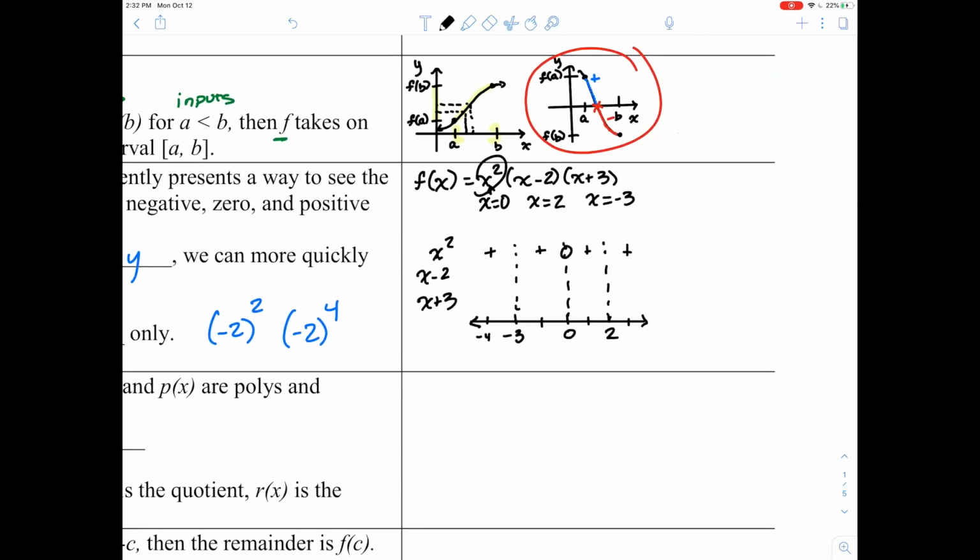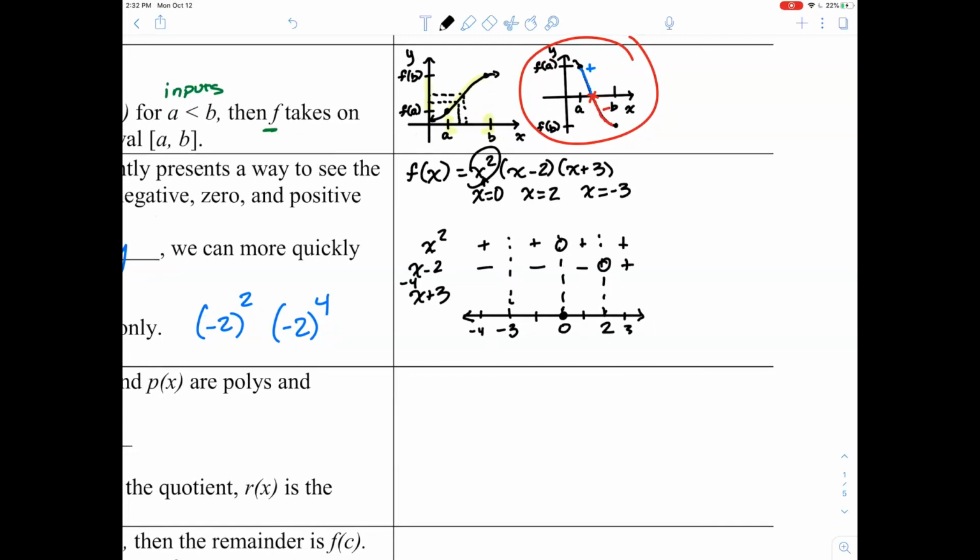Okay, so x squared is always going to produce either a 0 or positives. Now x minus 2, 2 minus 2 produces a 0. So any number to the left of that is going to produce a negative. Like if I plug in a -4, that's -6, right? And anything to the right of that 0, if I plug in a 3, 3 minus 2 is 1, will produce a positive.